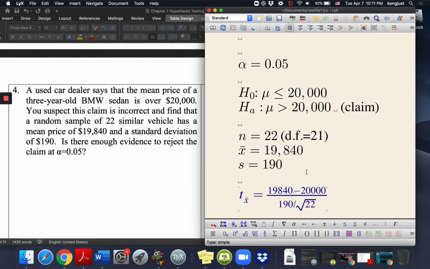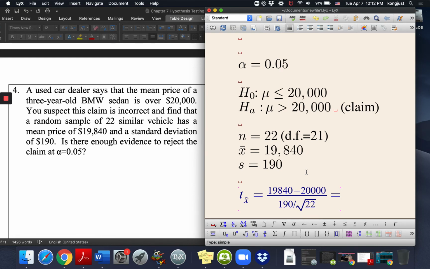All right, let's punch this in and see what we get. 19,840 minus 20,000 is negative 160, divided by, in parentheses, 190 divided by the square root of 22.